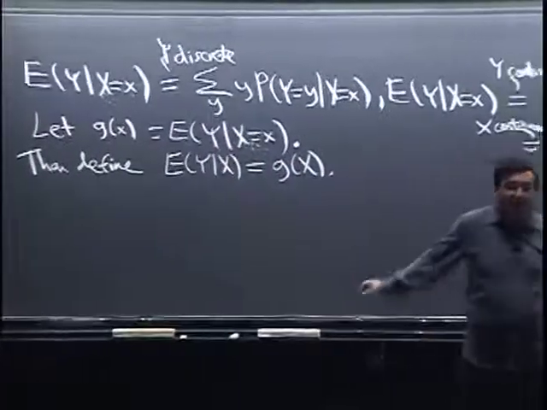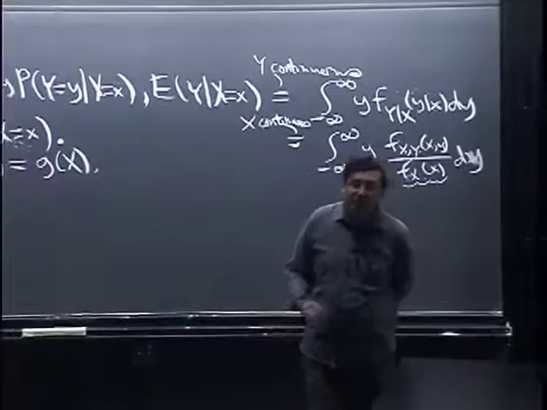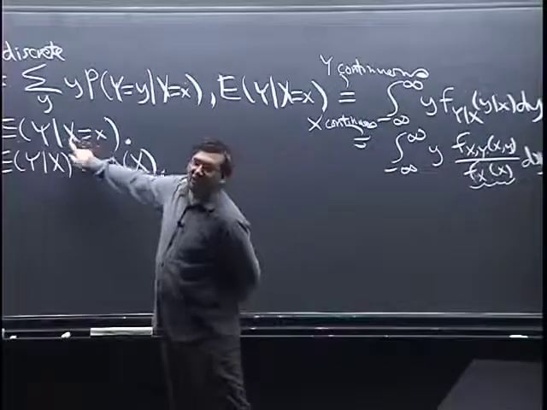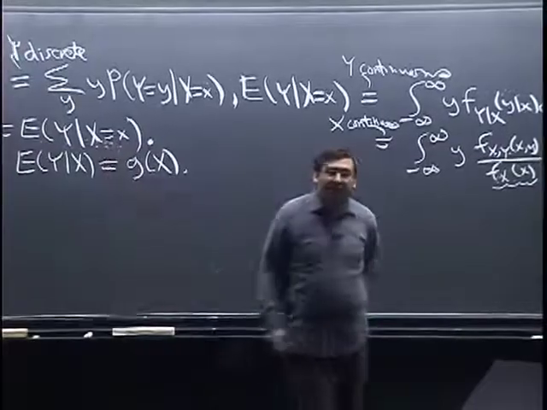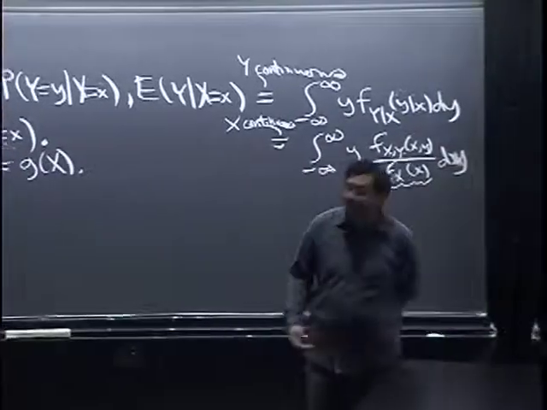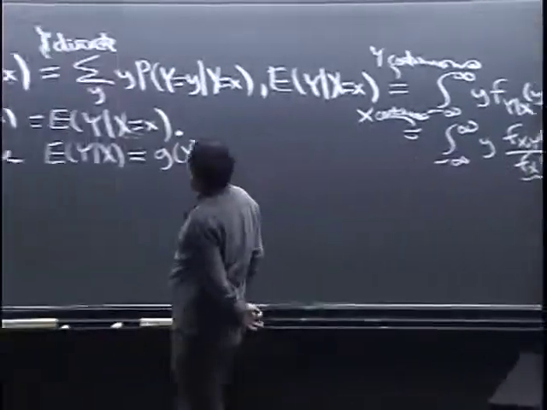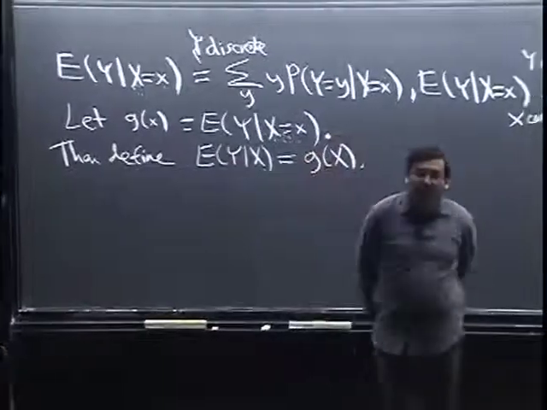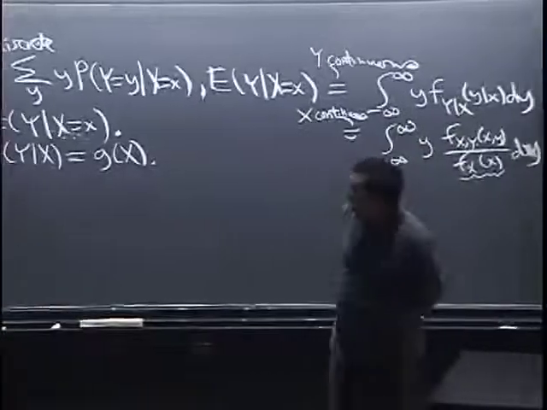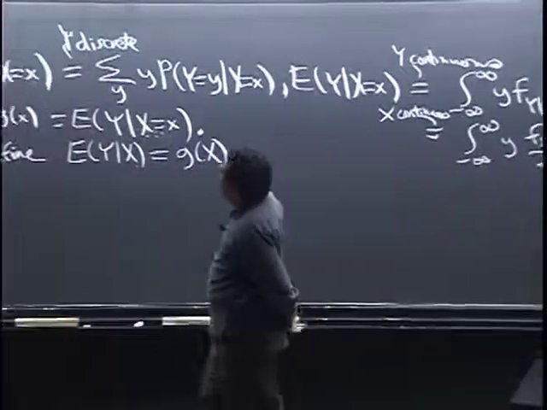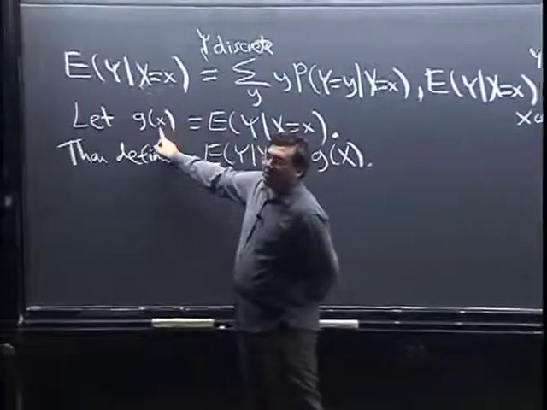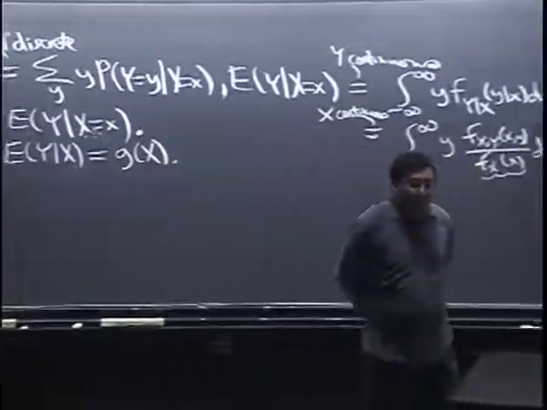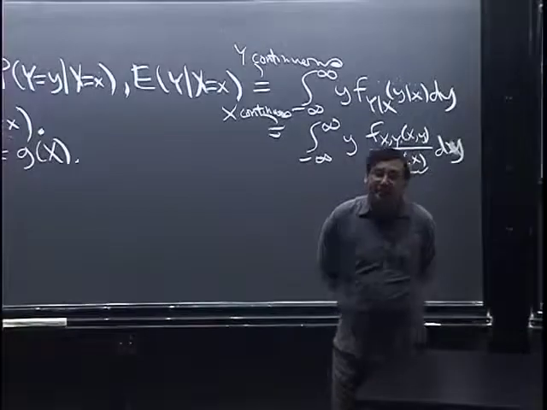I'll explain it more in the next lecture. But you just have to take some time to think carefully about what these things mean, because there are so many mistakes you could fall into if you don't fully understand what this notation means. What it means is we have this function of little x, and we replace little x by big X after evaluating it, not before.